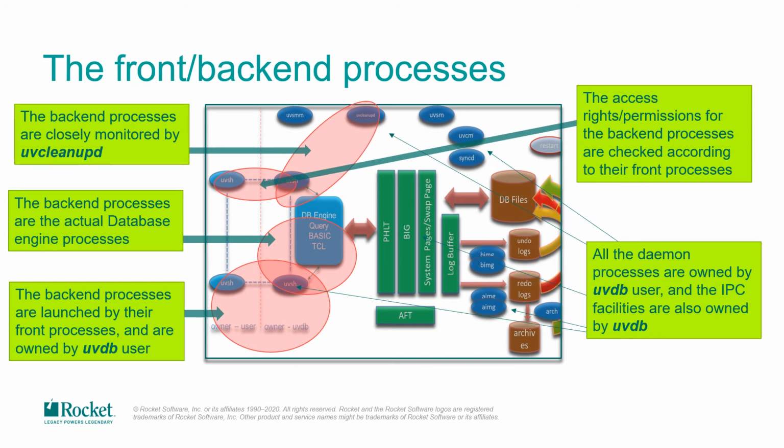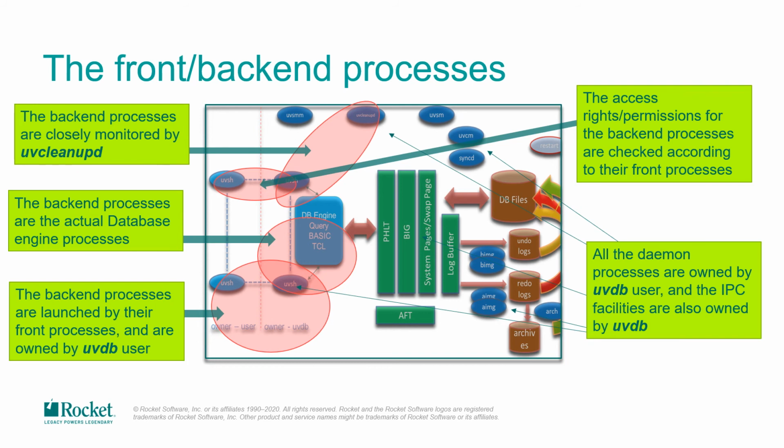So the backend process is launched by its front user process, but the backend process is owned by the UVDB user. And we know that the backend processes are the database daemon processes. Database backend processes are the database engine processes. They are directly hooked with the system buffer.